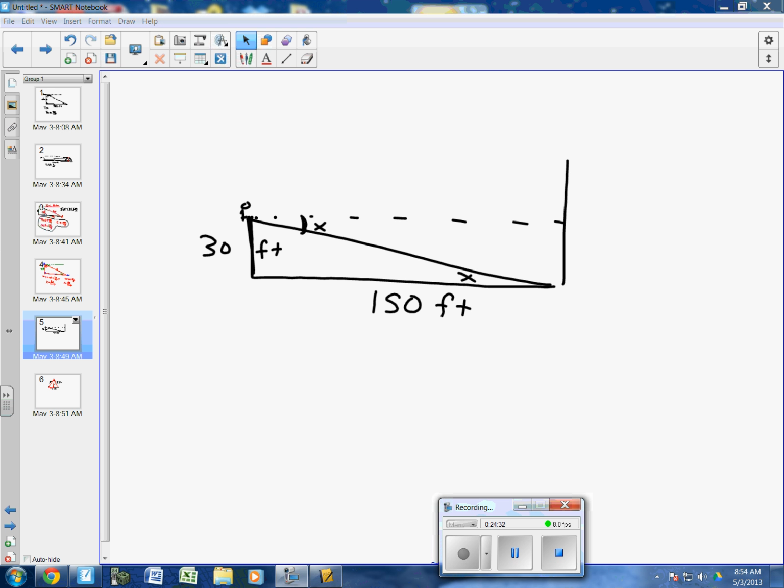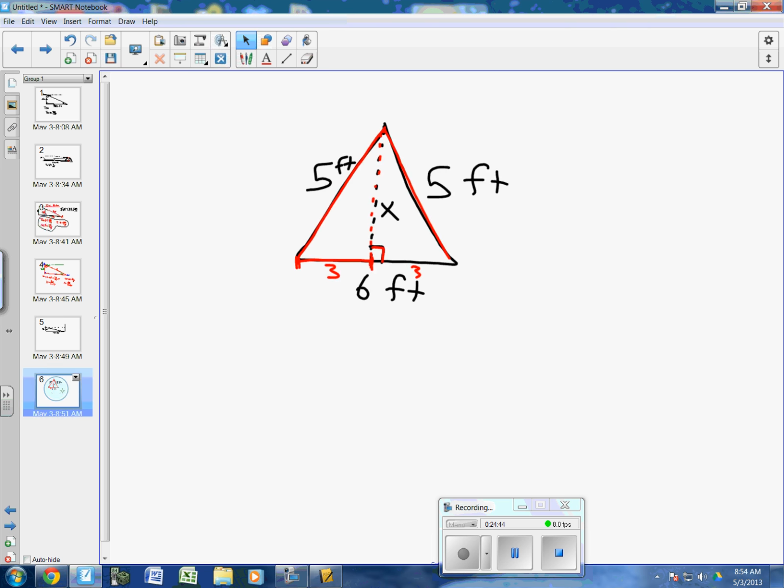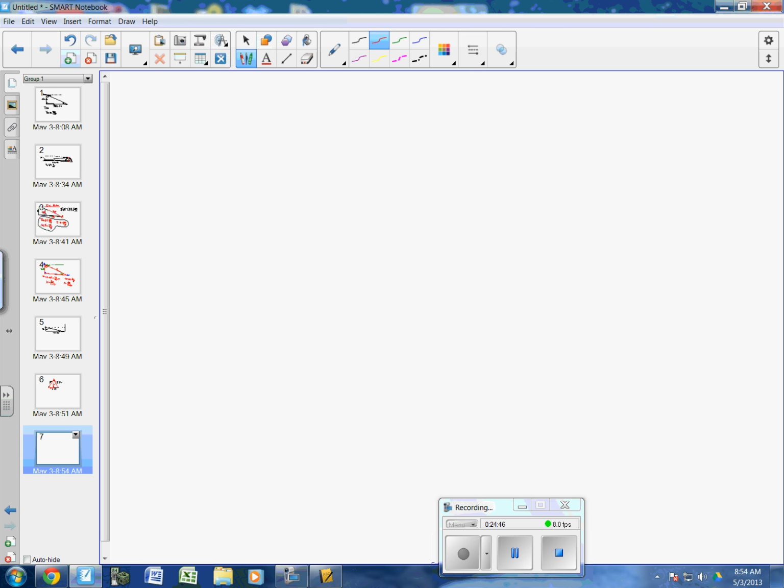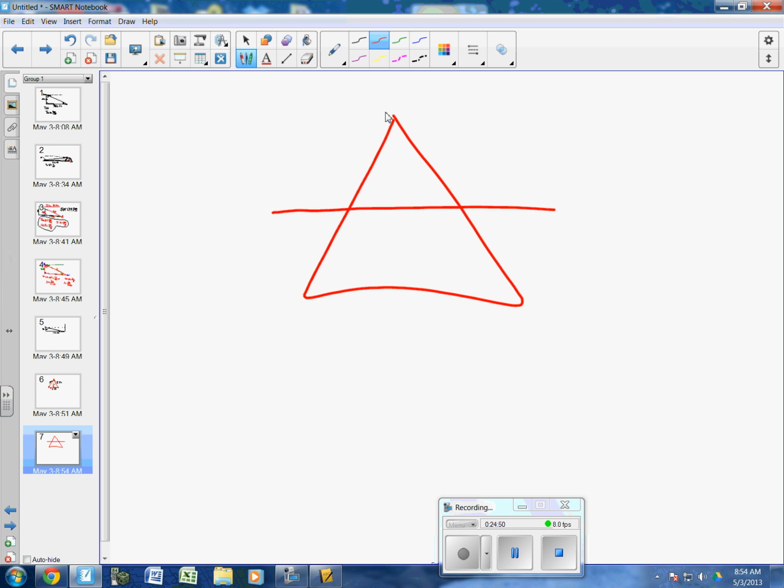Okay, listen. This is what the quiz will be on. It will be on if you have a triangle, and you put a line through the triangle that intersects two sides, and if it's parallel to the third side, then it divides this triangle into ratios.